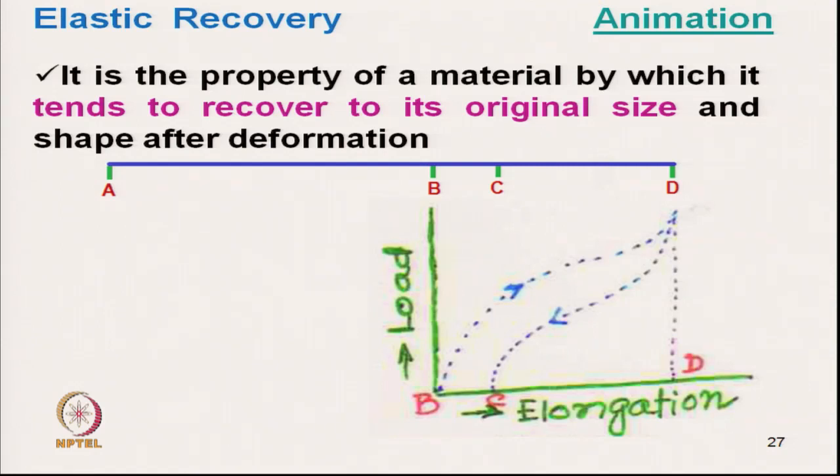After releasing, its load is gradually reducing and it reaches the point C, not coming to the original point. So, this is the deformation called plastic deformation, and this is the deformation called elastic deformation, where it is recovered.